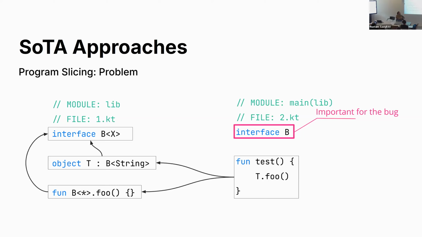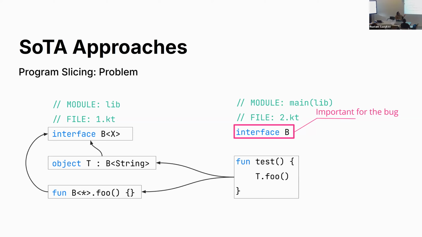For example, this is a real bug from one of the latest versions of Kotlin. We have some module with some interface, object and extension function, and another module with a function that calls the extension function on the, well, you see this.